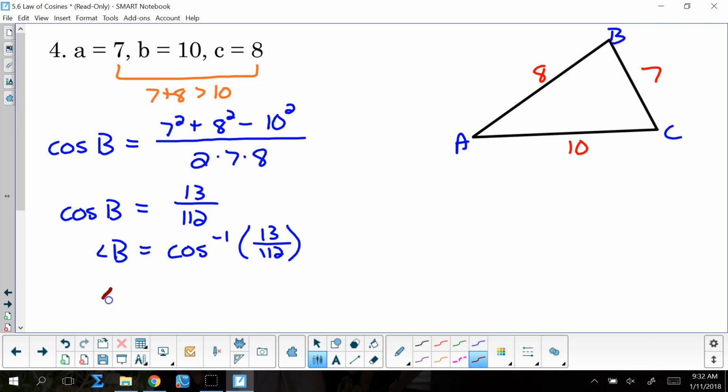So I get angle B here as 83.3346 degrees.